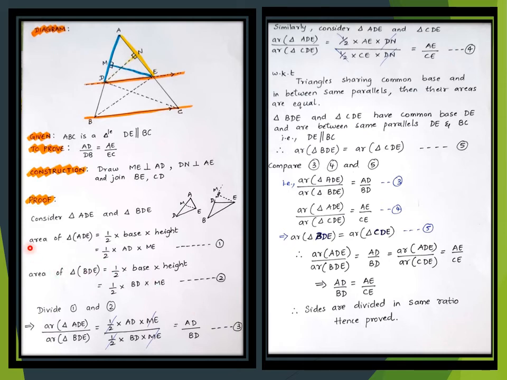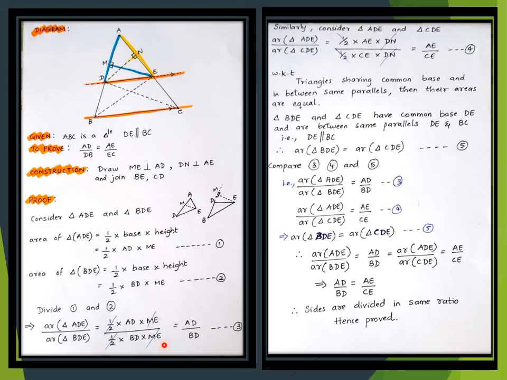Now what is the LHS in equation 1? Area of triangle ADE. So write that here. Then what is the LHS in equation 2? Area of triangle BDE. That is written here. That is area of triangle ADE divided by area of triangle BDE. Then RHS by RHS, that is equal to half into AD into ME divided by half into BD into ME.